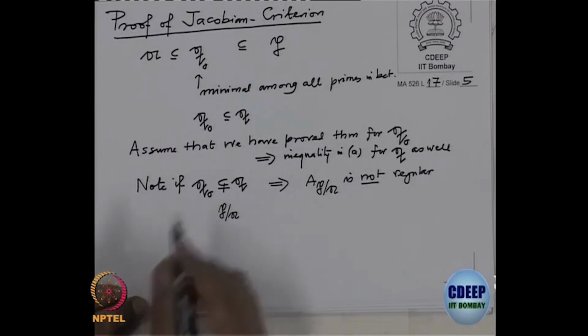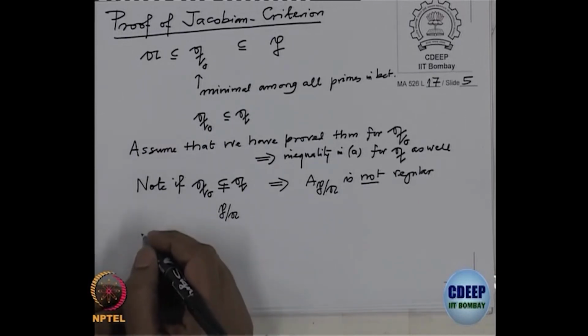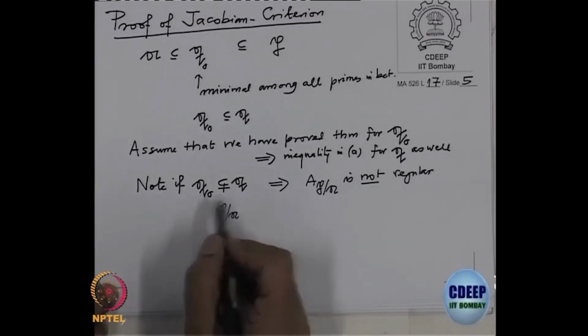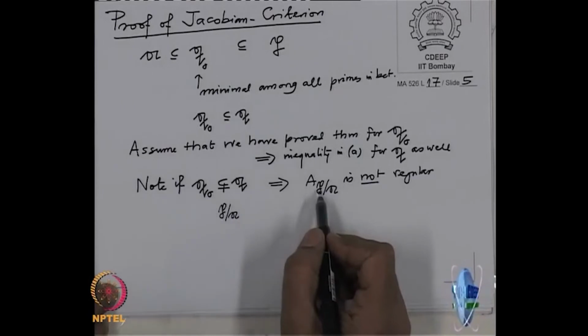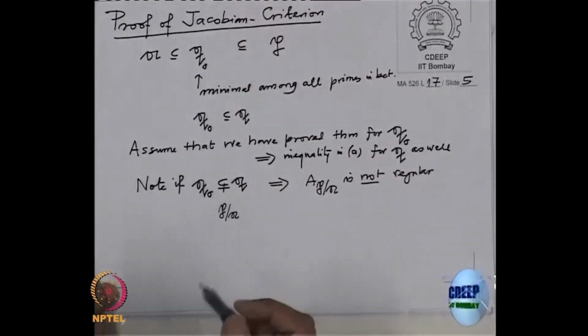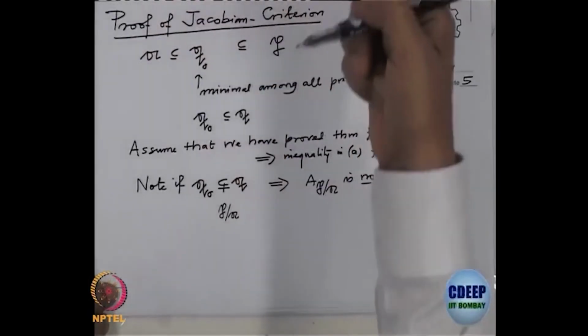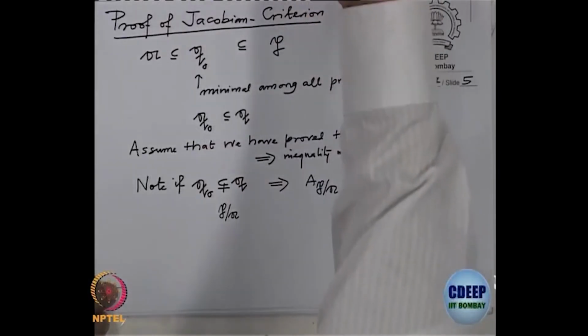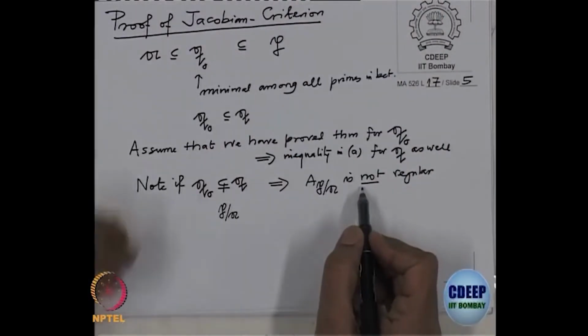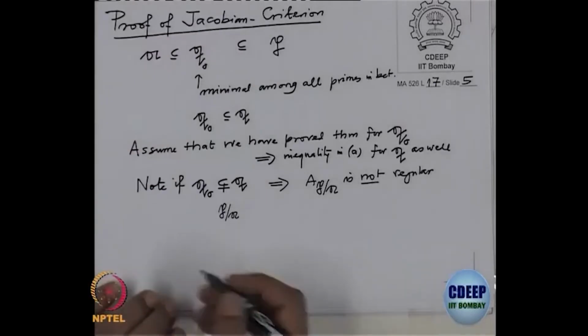So what about B? Now B is about when equality holds. If this is not regular, therefore by B for Q naught, it's not regular, so the inequality cannot hold.